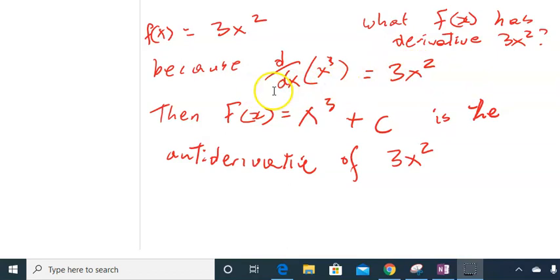Then uppercase F of x is equal to x cubed plus a constant C, which could be plus or minus any other constant, since the derivative of the constant is 0. So F of x equals x cubed plus C is the antiderivative of 3x squared.